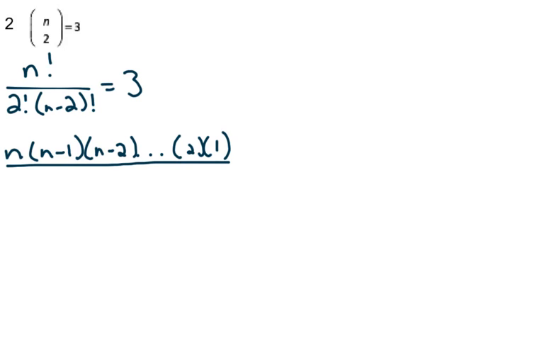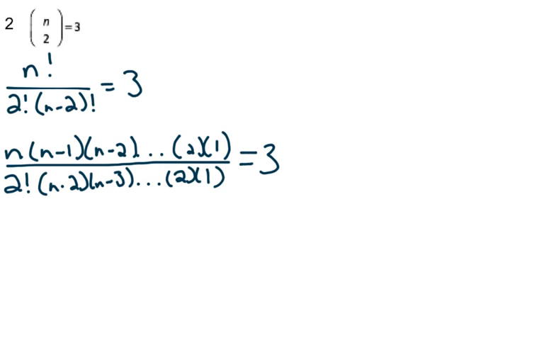The bottom, if we leave 2 factorial for the moment, (n-2) factorial becomes (n-2), (n-3), and so on down to 2 and 1. That all equals 3.